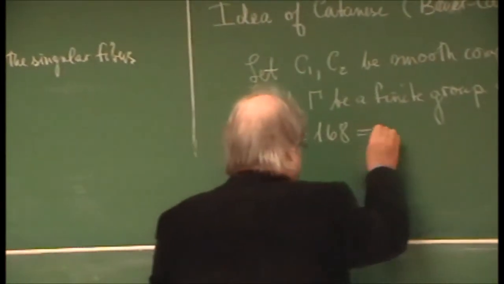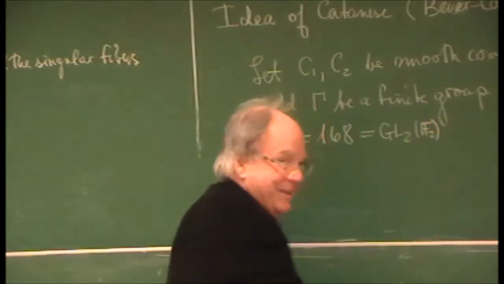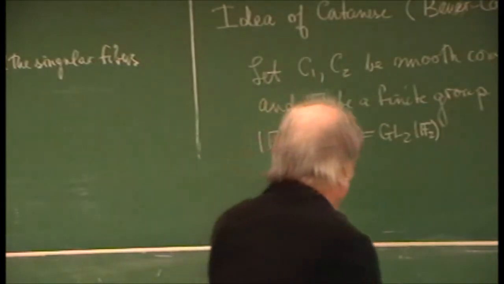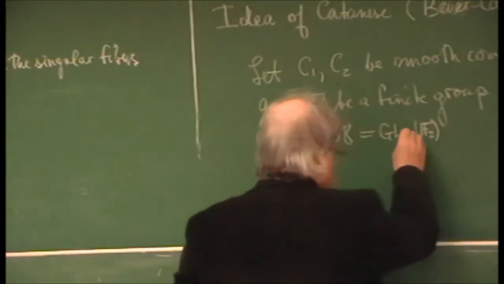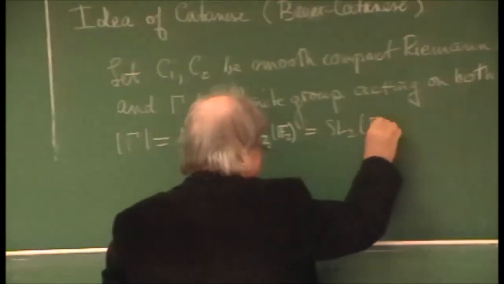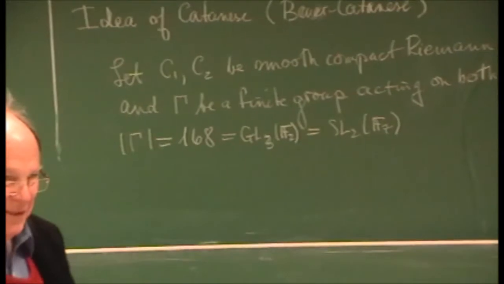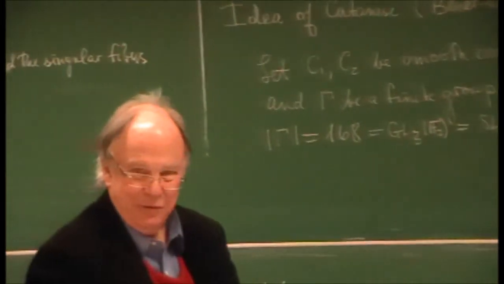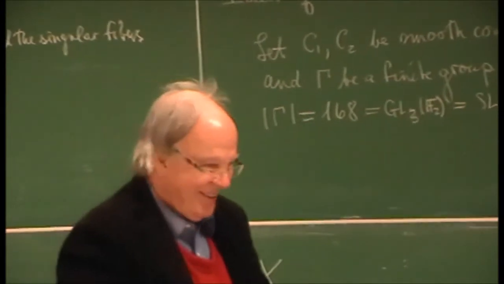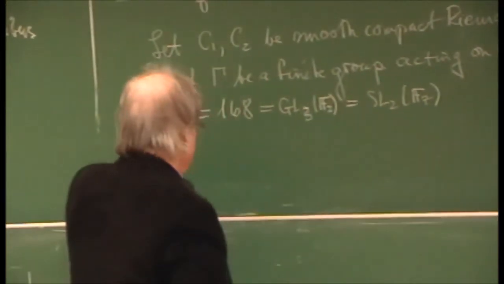It is GL3 of F2, and it's also SL2 of F7. But the easy way to think of it is the 3 by 3 matrices with entries in Z2. It's computer science. Yes, this is a beautiful, simple group.